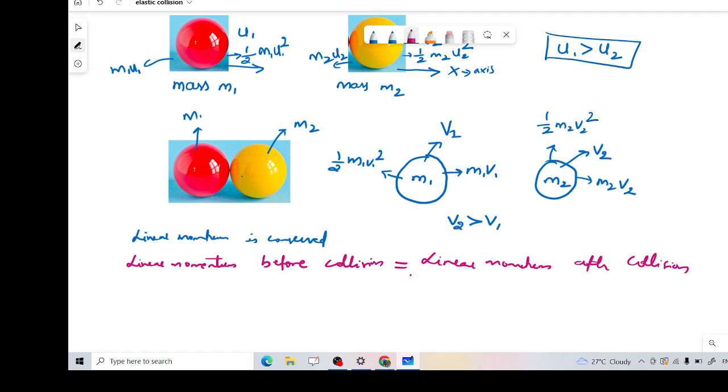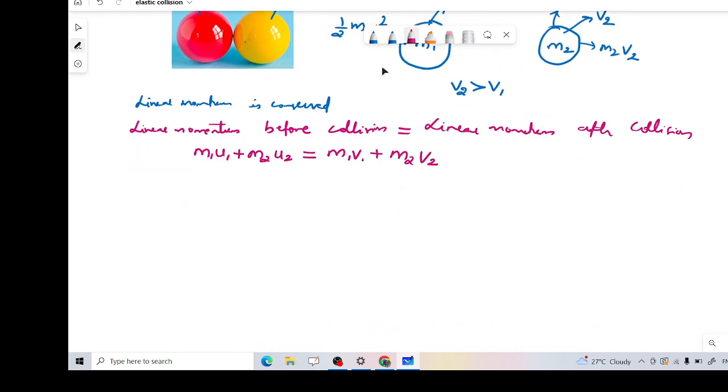So my equation will become: m1 u1 plus m2 u2 is equal to m1 v1 plus m2 v2.